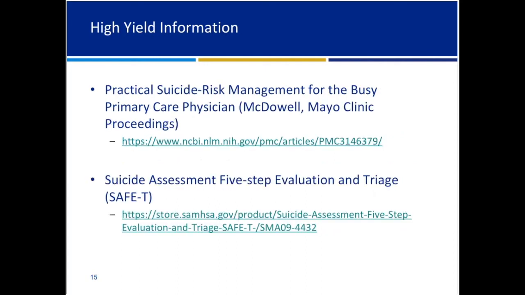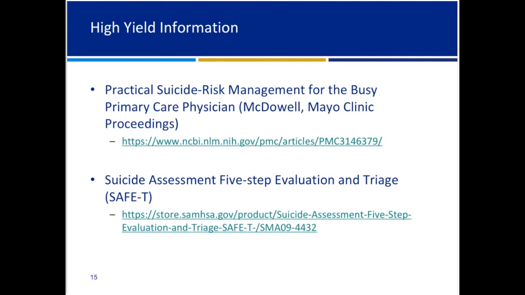Here are two other resources. There's an article that has been published in the Mayo Clinic Proceedings that is right on target. It's titled Practical Suicide Risk Management for the Busy Primary Care Physician. It takes probably about 15 minutes to read this article. And SAMHSA publishes the Suicide Assessment 5-Step Evaluation and Triage Guide, the SAFE-T, which is a really simple suicide risk assessment guide that can help the primary care clinician to ensure that they're covering all of the important steps that are involved in a suicide risk assessment.